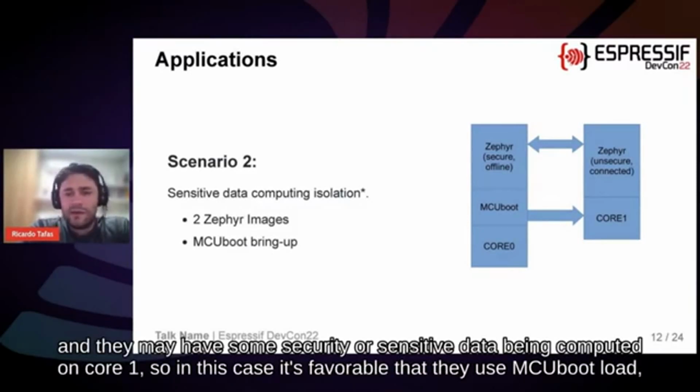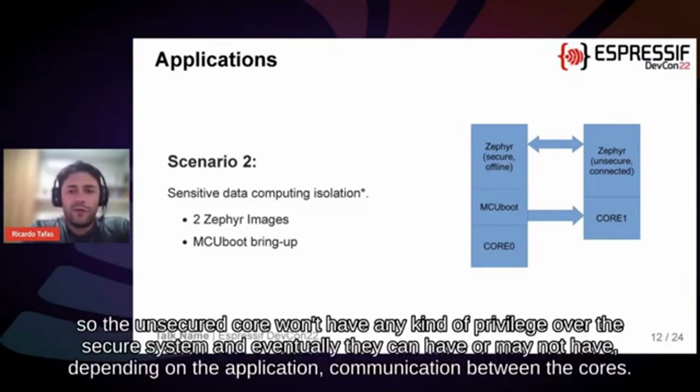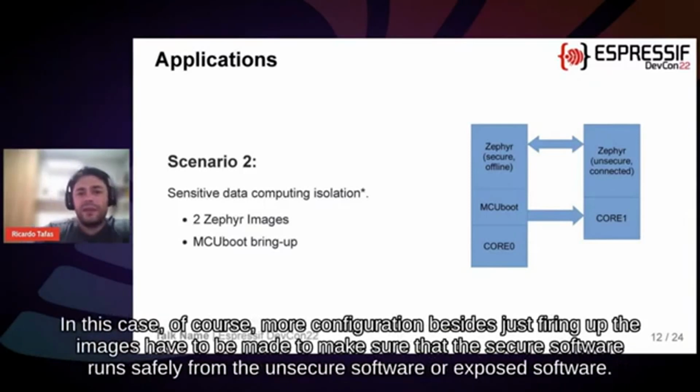In this case, it's favorable that they use MCUboot, so the unsecure core won't have any kind of privilege over the secure system, and eventually they can have or may not have, depending on the application, communication between the cores. In this case, of course, more configuration besides just firing up the images has to be made to make sure that the secure software runs safely from the unsecure software or exposed software.